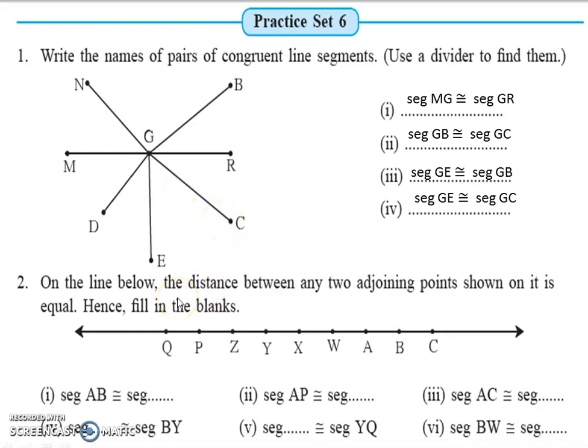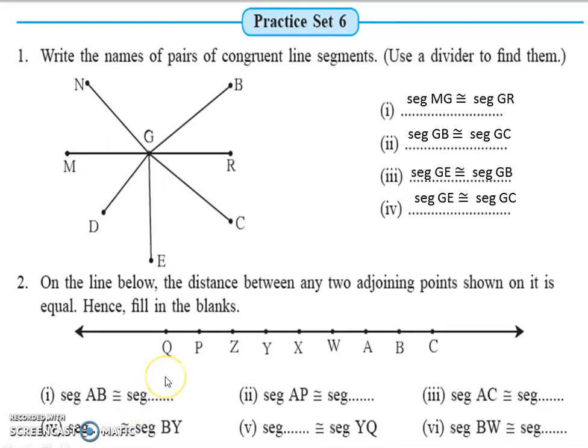The second question, on the line below, the distance between any two adjoining points shown on it is equal. Hence, fill in the blanks. So, the distance between any 2 points on this line is 1 unit. Now, the first fill in the blank given to us, segment AB congruent to segment dash.